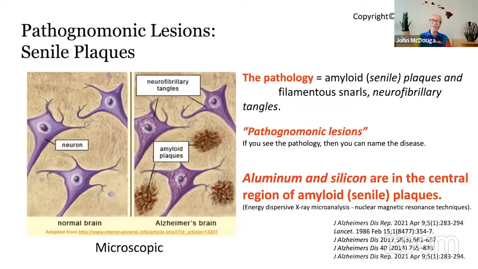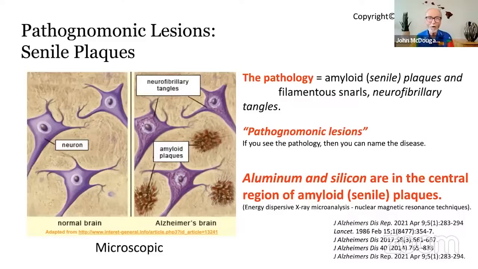So you bring out some more technology. And in this case, you bring out nuclear magnetic resonance techniques, a big, sophisticated, sexy term, right? And you start peering into the amyloid plaques and into the neurofibril tangles.